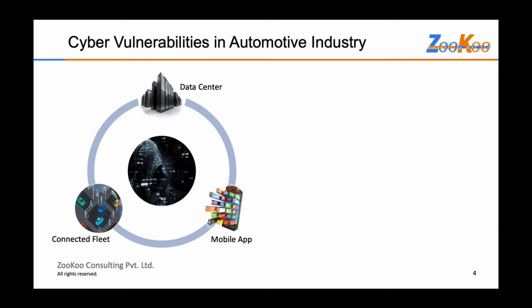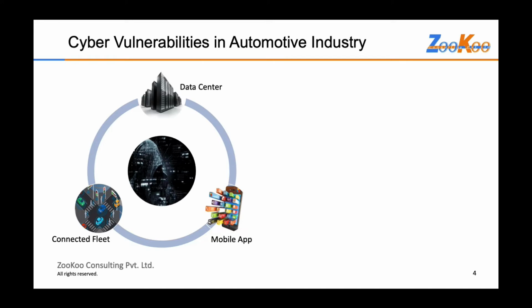In this, we have taken some past examples. As we have seen, there is a rapid increase in cyber attacks in automotive. So it is very important to know what types of attacks happened in the past and what the vulnerabilities were. In this diagram, I will explain a few vulnerable points for cyber attack.